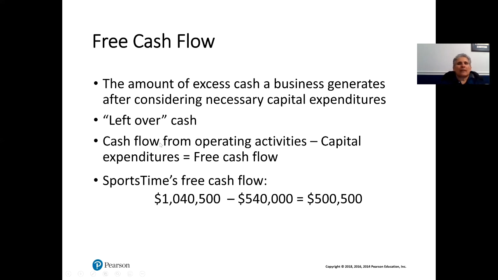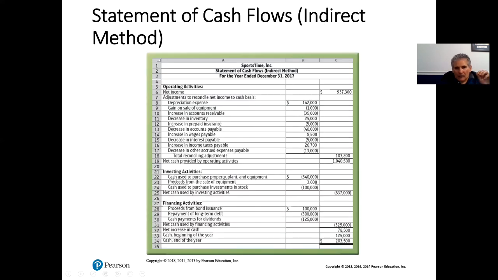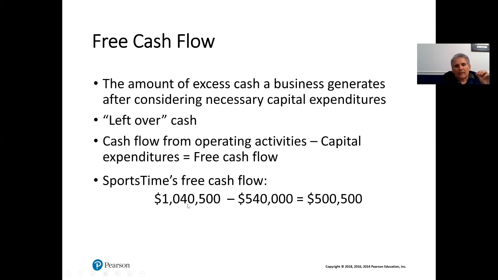We're going to subtract from that the cash that was used for capital expenditures, cash used to purchase property, plant, and equipment, $540,000. $1,040,500 minus the $540,000 gives us $500,500 of free cash flow.